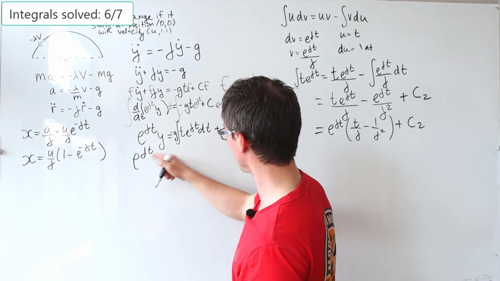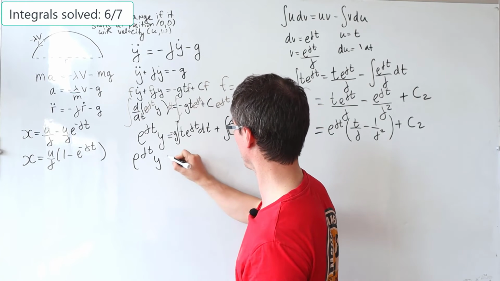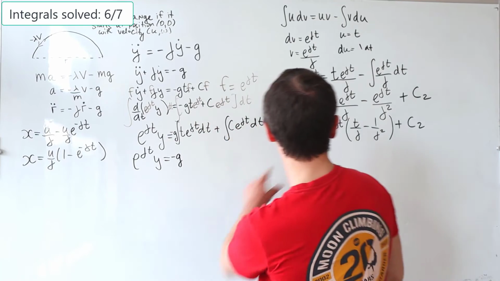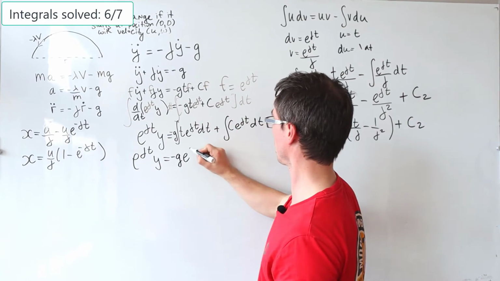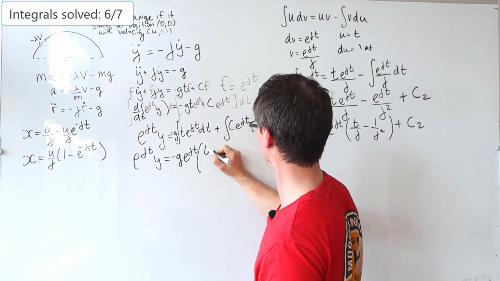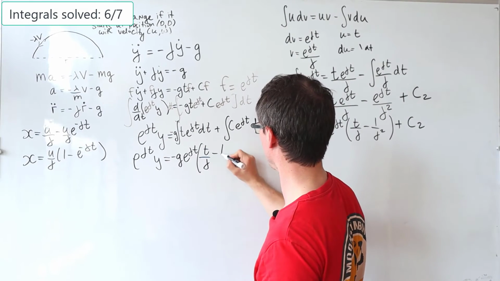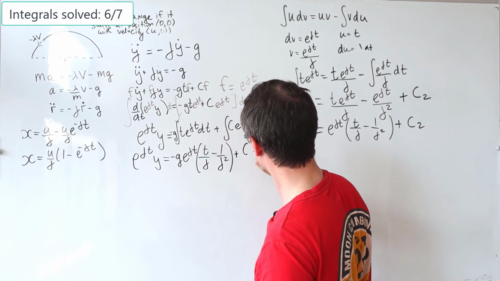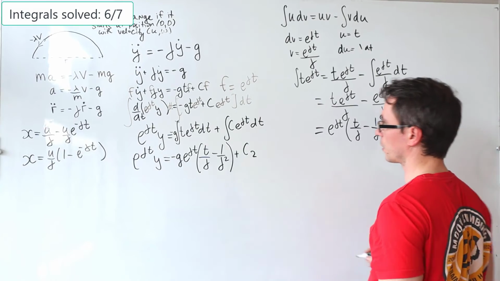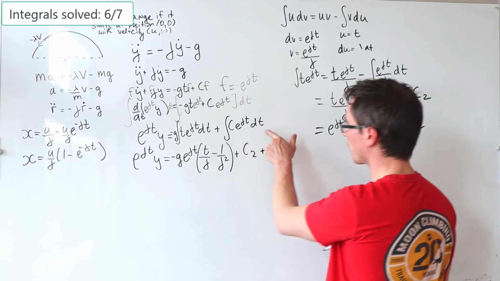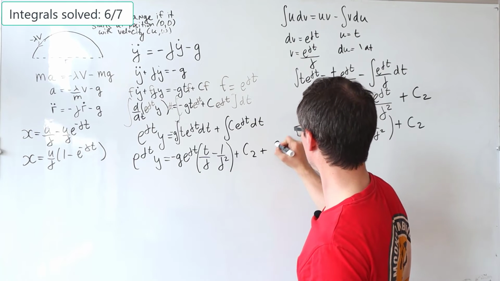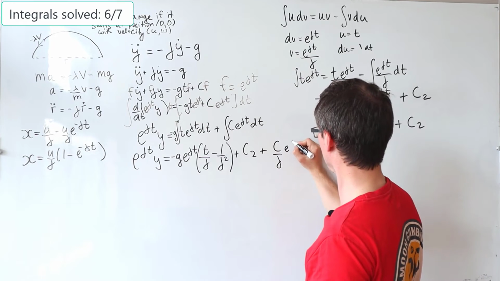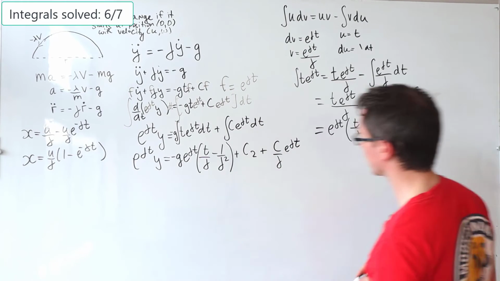Okay, e raised to the gamma t multiplied by y will be given by minus g times e to the gamma t multiplied by t over gamma minus 1 over gamma squared plus this constant of integration, and then plus c over gamma, which was the other constant of integration, times e to the gamma t.